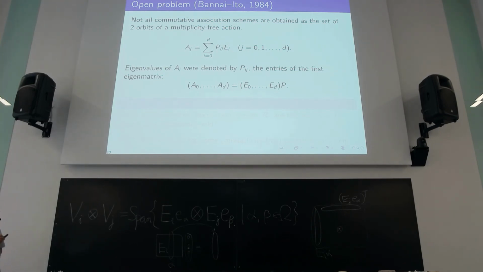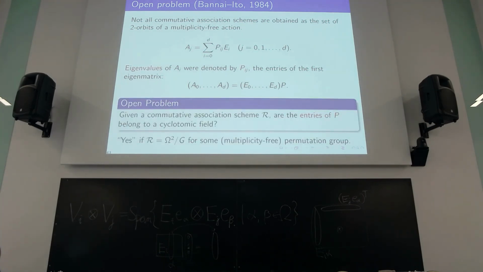So we have this expression, and these coefficients are nothing but the eigenvalues because the Ej are idempotents. So the eigenvalues are nothing but the entries of the so-called first eigenmatrix, that is the matrix P used to express adjacency matrices in terms of primitive idempotents.